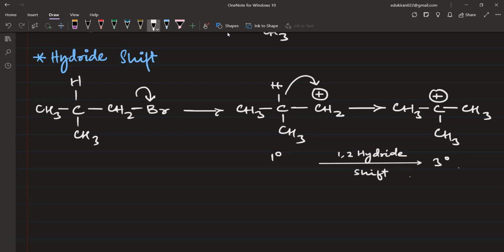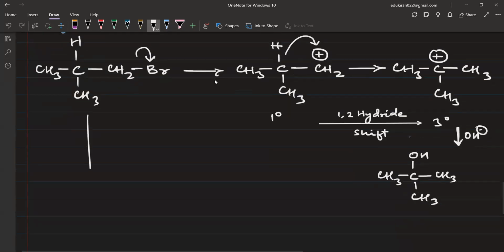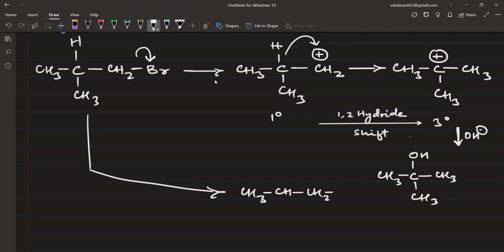And further, if I am going to react this with OH negative, then I am going to get this product: CH3, carbon, CH3, one more CH3, and the OH group will attach here. Now again, there is a debate, like you can also make a product in which both of these products can form. One product can be CH3, CH, CH2OH and CH3.